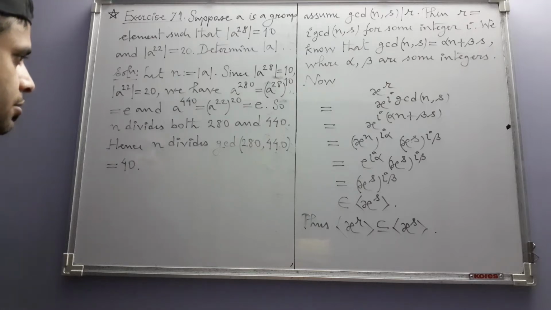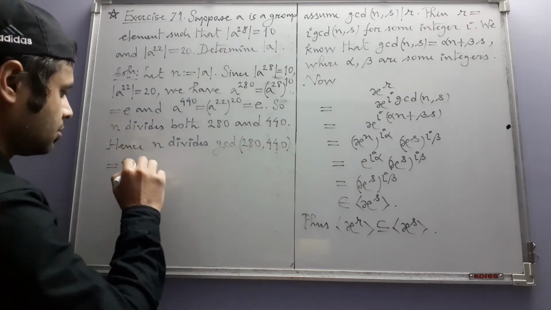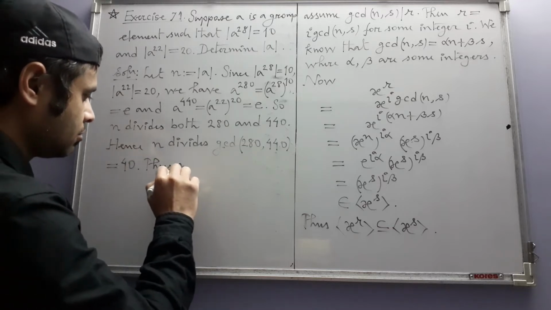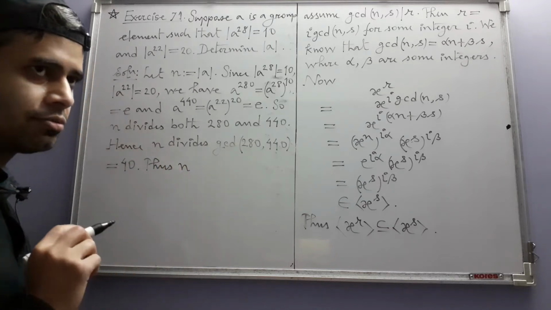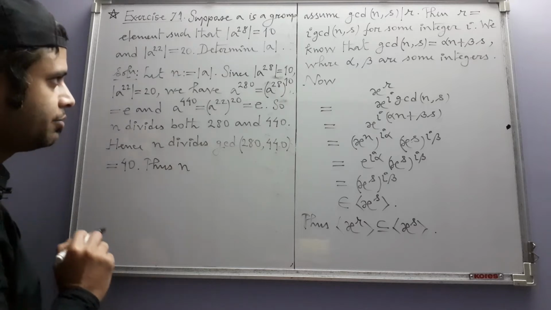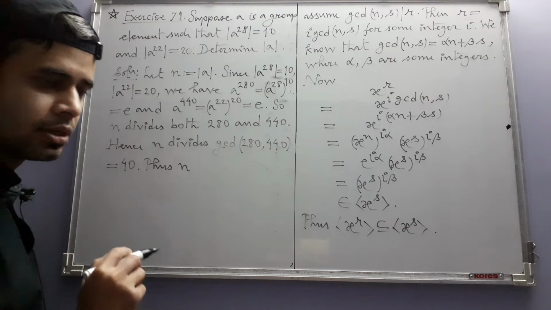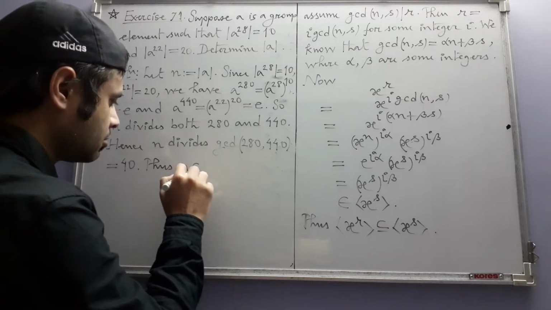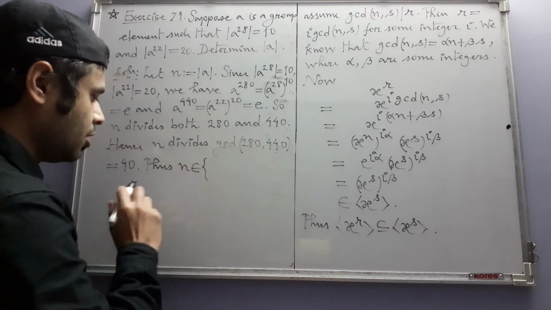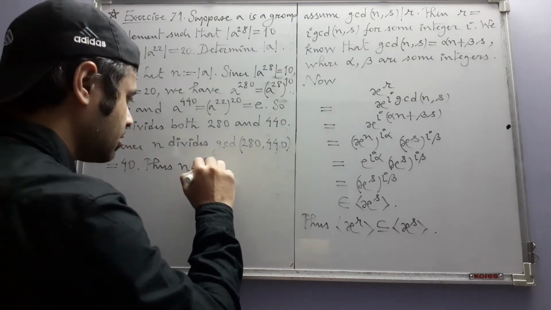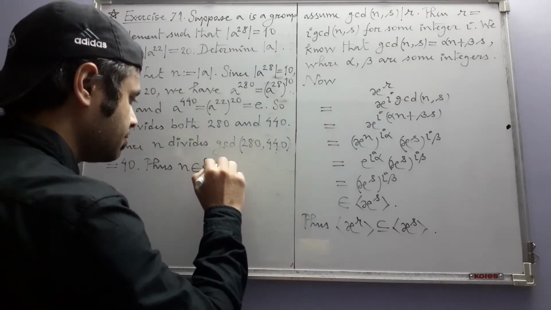Okay, so n should divide 40. n should be a positive divisor of 40, positive because order can never be 0 or negative. So n belongs to the set of all positive divisors of 40, which we can find.